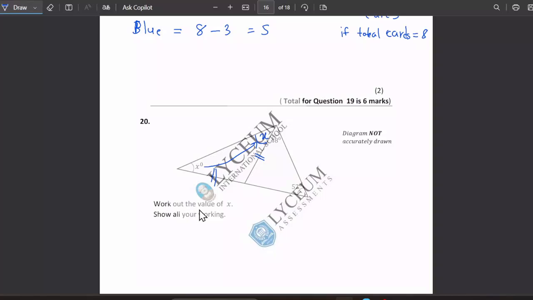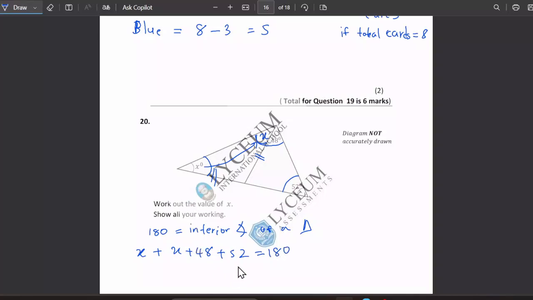Then we can see these three are interior angles of a triangle. Okay, so interior angles of a triangle should add up to 180. Okay, now we can add all those: x plus 48 plus 52 should be equal to 180.